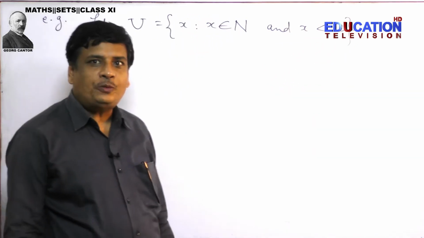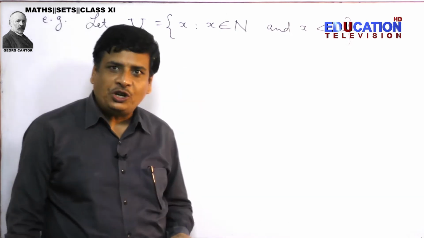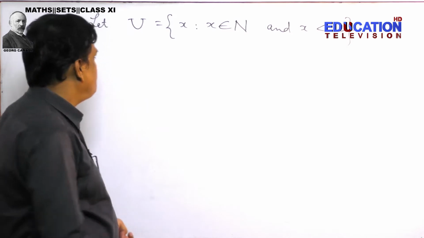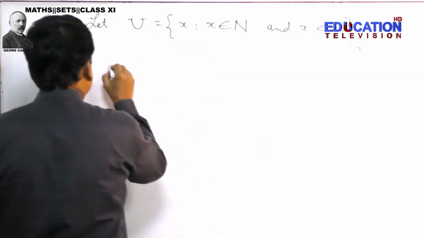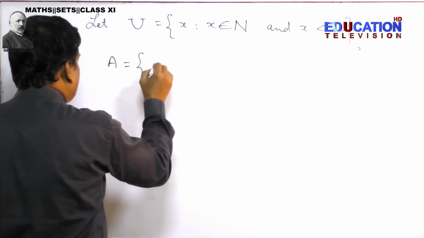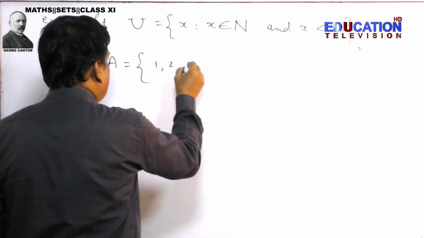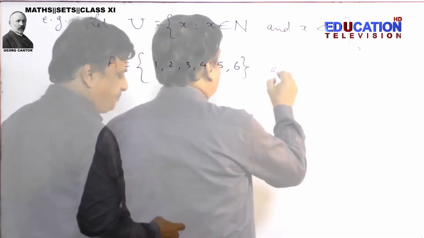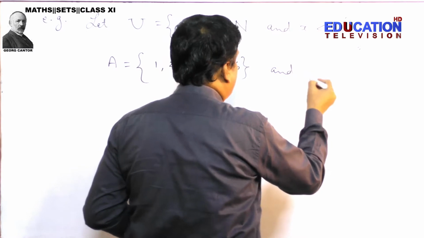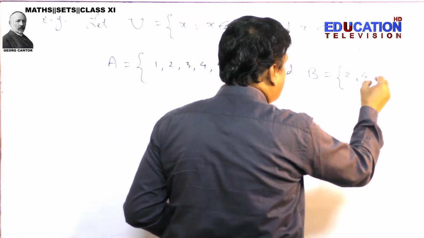Suppose U is the universal set containing the natural numbers less than 10. Set A contains elements 1, 2, 3, 4, 5, 6 and set B contains 2, 4, 6, 8.